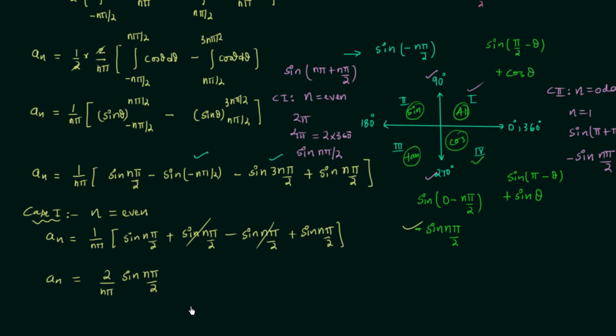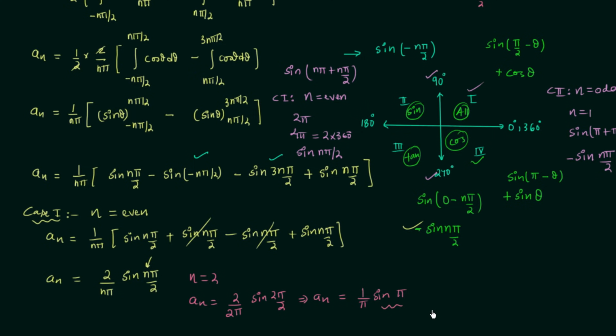Now again you have to focus on a very important point. Here n is even. Now try putting something even here. For example, let's take n equal to 2. This will give us an equal to 2 over 2 pi sine 2 pi by 2, or we can write an is equal to 1 over pi sine pi.